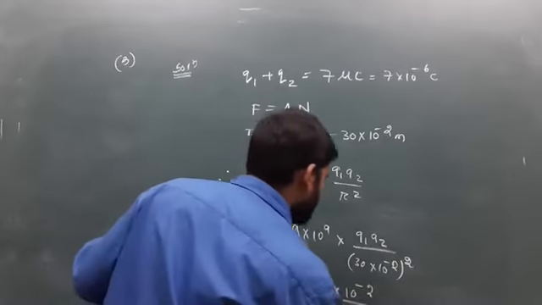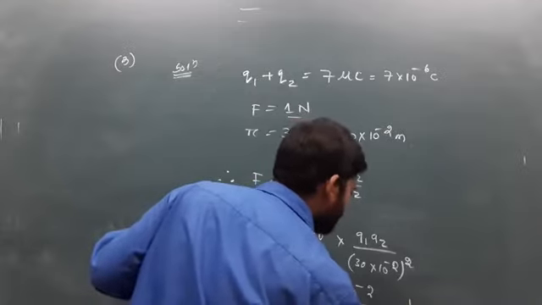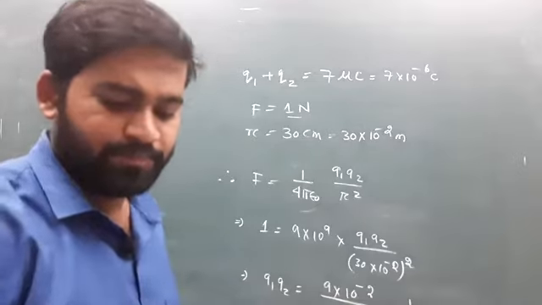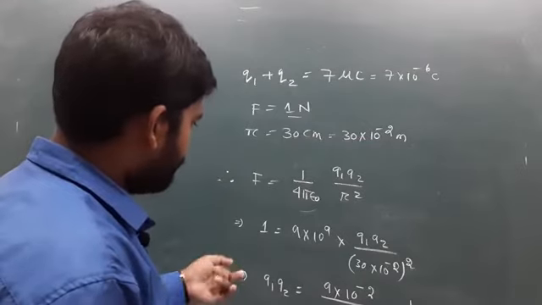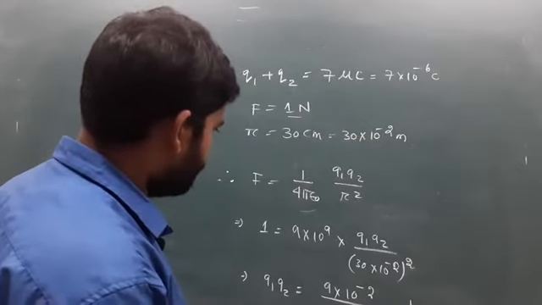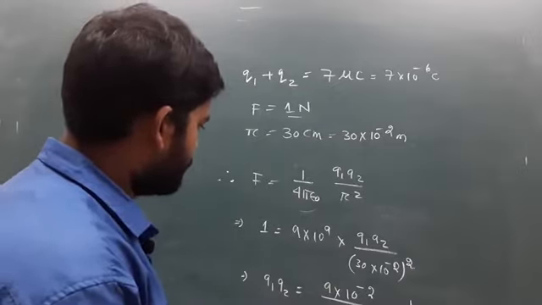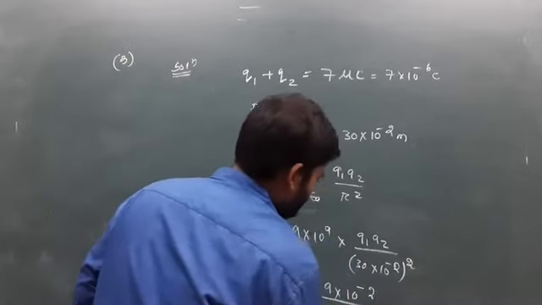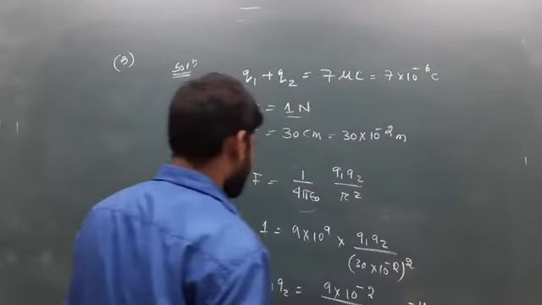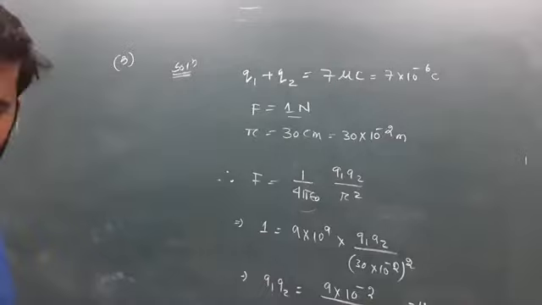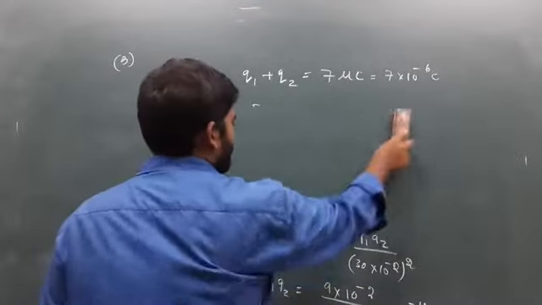Sorry, so that will be 10 to the power minus 11. So q1 q2 will be 10 to the power minus 11. Now we have to evaluate the value of q1 and q2.